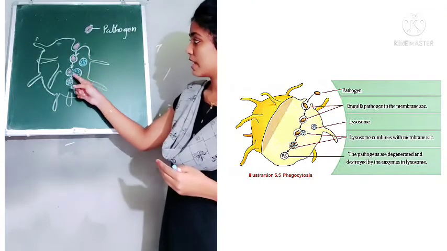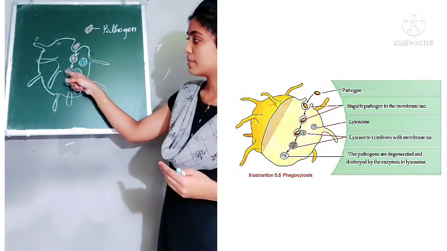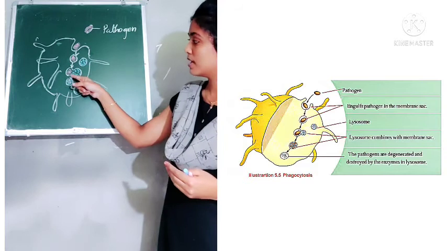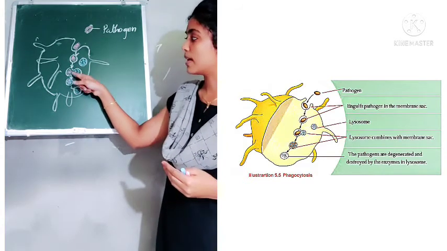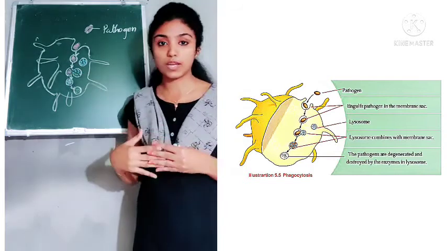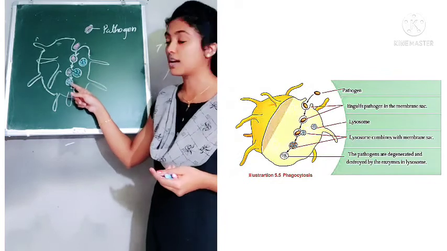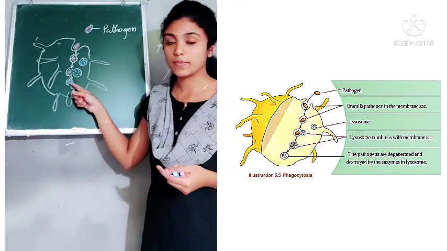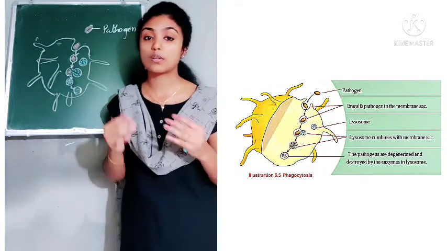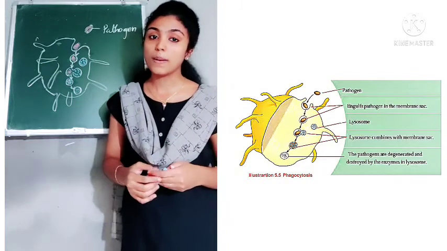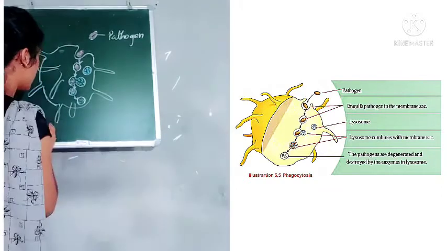Then in the next stage, you can see the membrane which consists of the pathogen, and this is the lysosome. So both the lysosome and the membranous sac mix together. And in the next stage, you can see the lysosome starts to destroy the germ. And finally, the lysosome completely destroys or degenerates the germ or pathogen. So this process is known as phagocytosis.